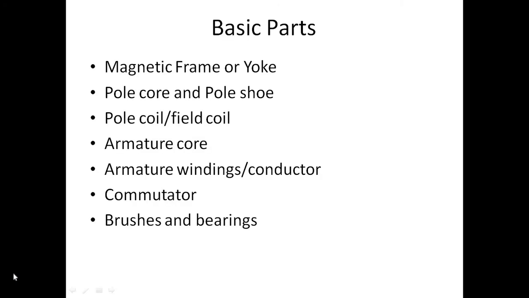Next, construction details of a DC machine. Basic parts: magnetic frame or yoke, pole core and pole shoe, pole coil or field coil, armature core, armature winding or conductor, commutator, brushes and bearings.